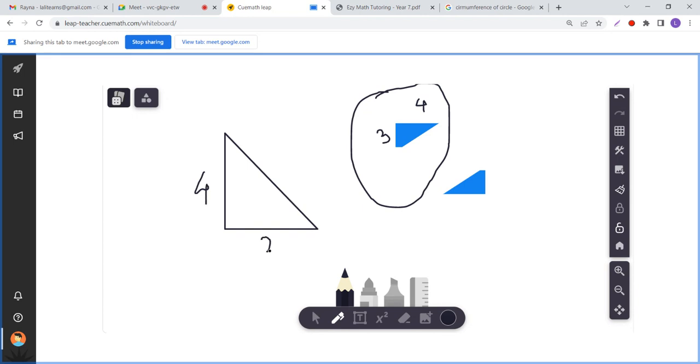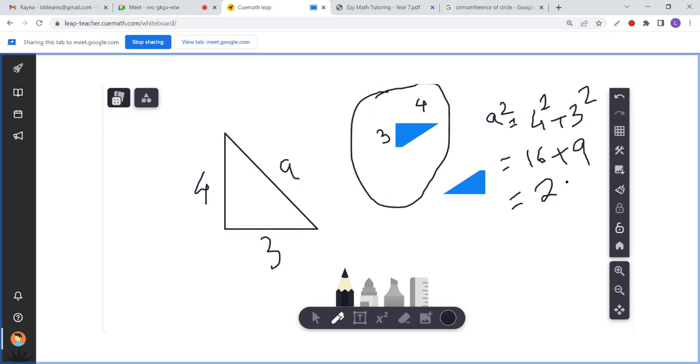So this becomes 4, this becomes 3, and this becomes something, say, A. Now, as per the formula, the side A, that is the longest side, A square will be equal to the sum of the other two sides, that is 4 square plus 3 square. 4 square is how much? 4 fours are 16. 3 threes are 9. How much is 16 plus 9? 25. So A square is equal to 25. That means A is going to be square root of 25.